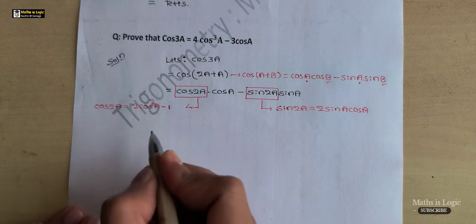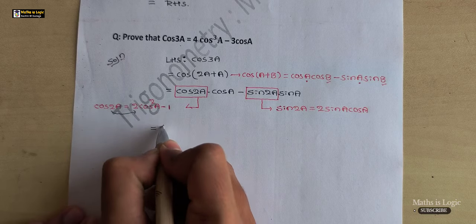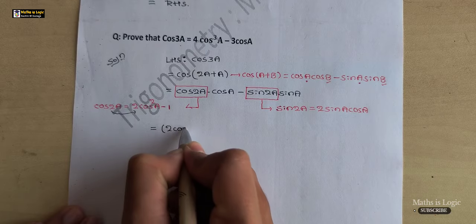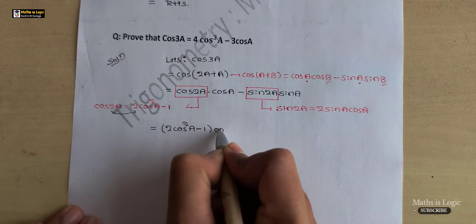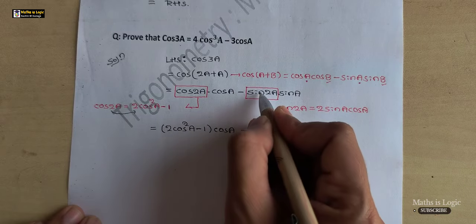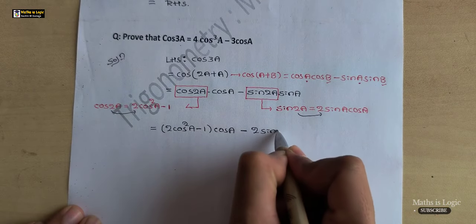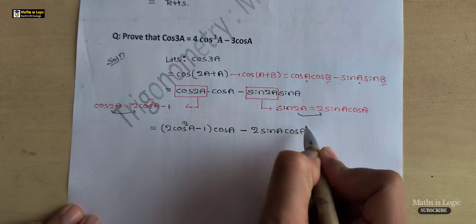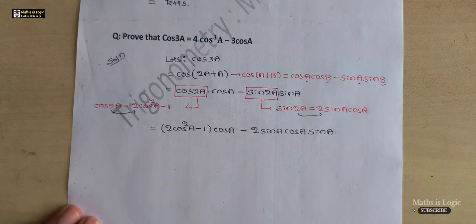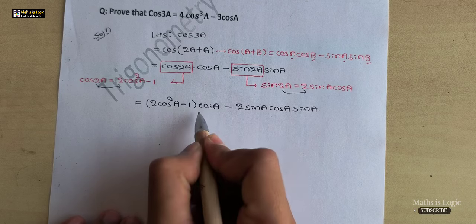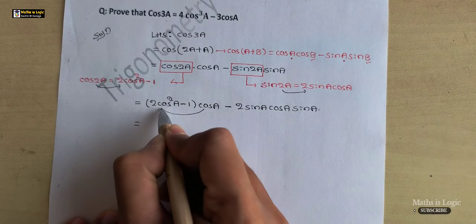Now replace. Cos 2A is, in bracket, 2 times cos square A minus 1 into cos A as it is, minus sin 2A. Sin 2A is 2 times sin A into cos A, and this sin A I am going to keep as it is. Now open the bracket, which is equal to cos A into cos square.